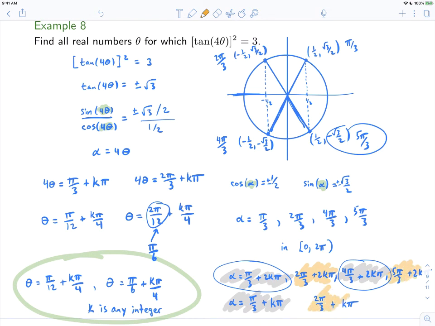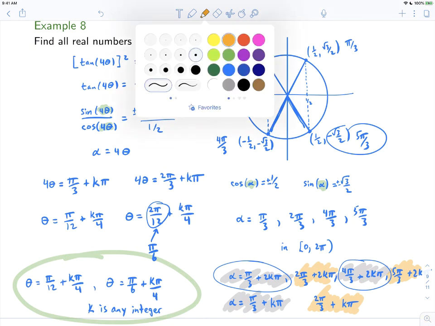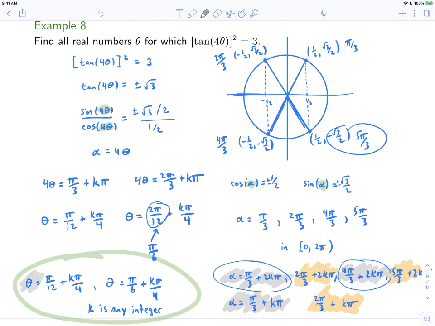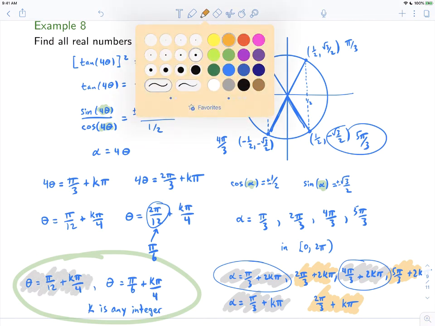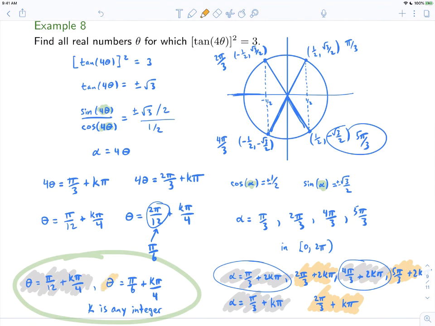So those go here. In other words, we have 4 cases, but we're able to combine them into 2. Once you have the angle alpha, then you remember that alpha is equal to 4 theta in this case. So in order to solve for theta, you just divide everything by 4. And that's your answer.